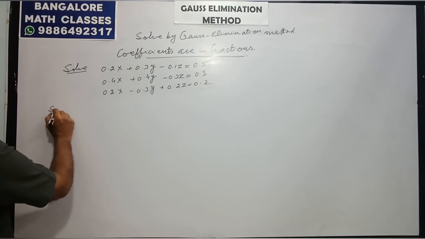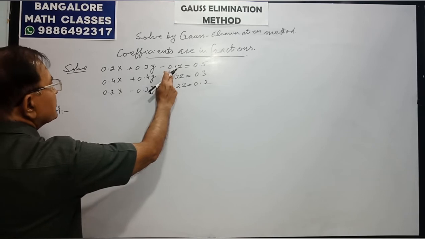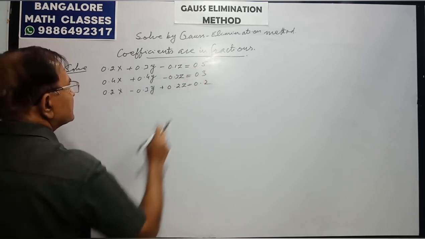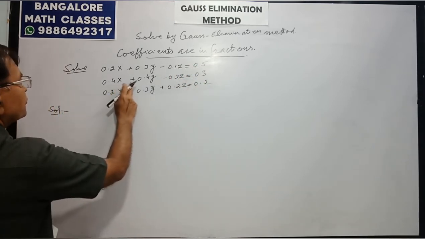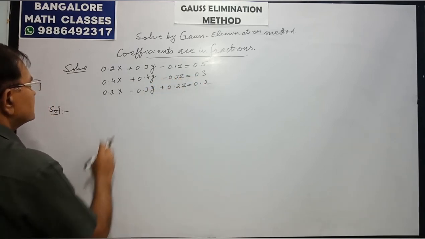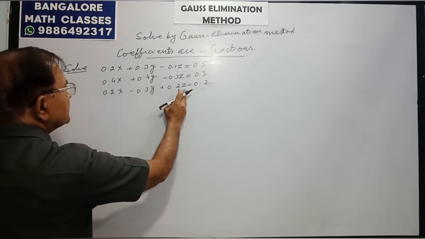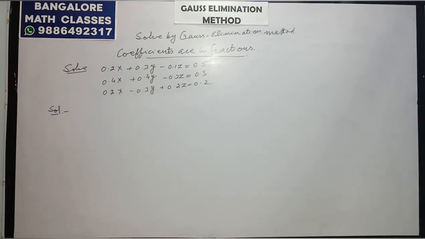How we will do this sum? 0.2x plus 0.3y minus 0.1z equals 0.5, 0.4x plus 0.4y minus 0.3z equals 0.3, 0.2x minus 0.3y plus 0.2z equals 0.2.